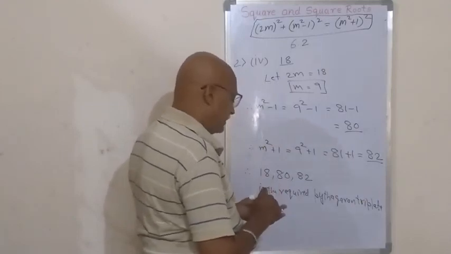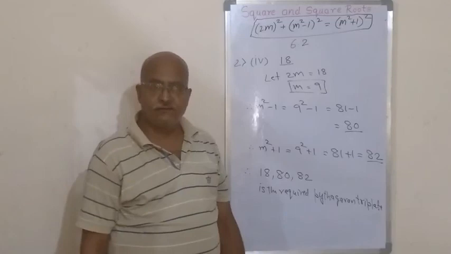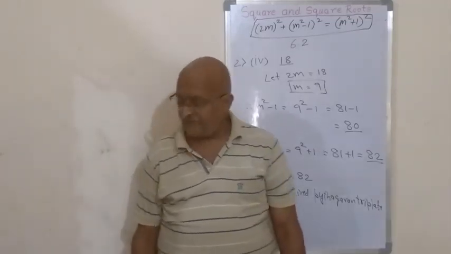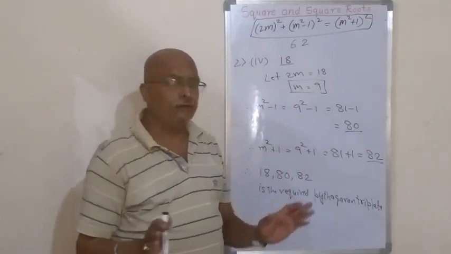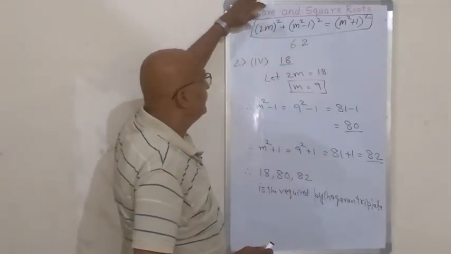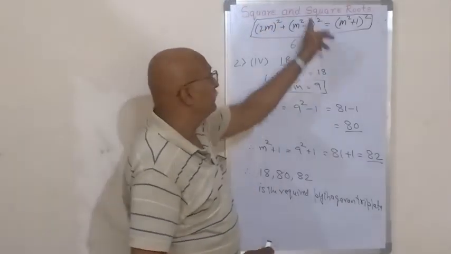So here today we end our lesson. Next lesson we will see about the square root. Here we complete the half part, that is square. Next lesson we'll go for the square roots.